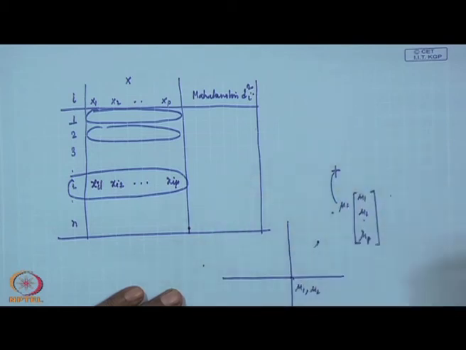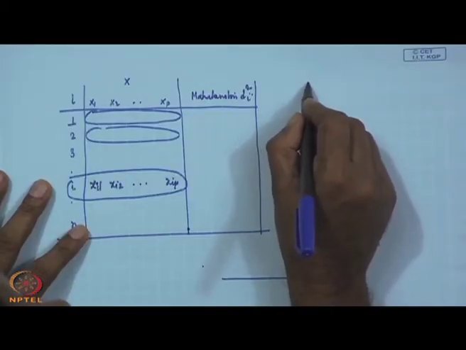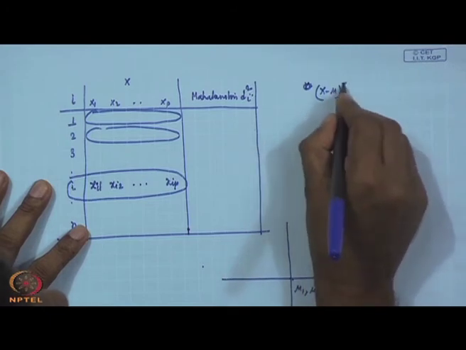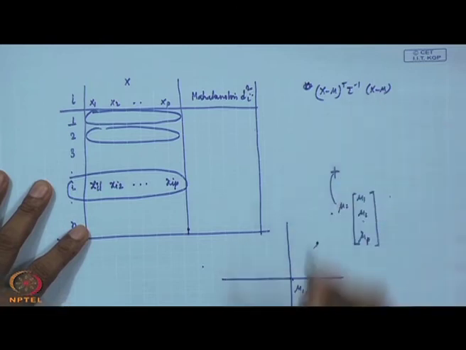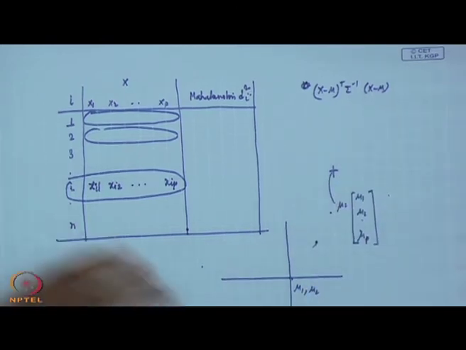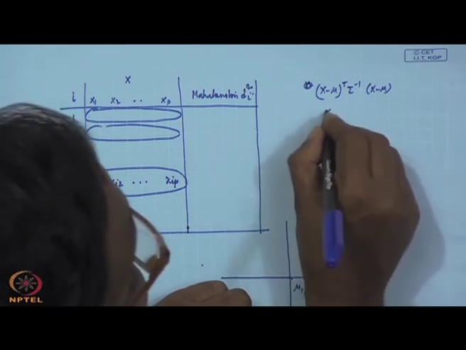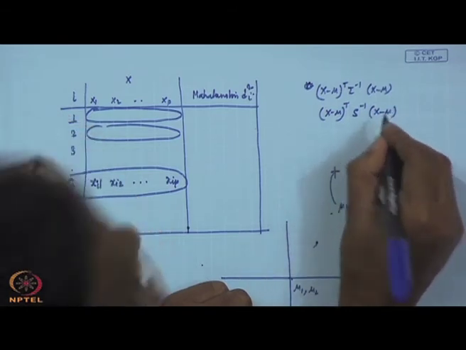I think we have discussed the statistical distance part. What is the formula for statistical distance? x minus mu transpose sigma inverse x minus mu. Now, in Mahalanobis distance, the formula is x minus mu transpose S inverse x minus mu.